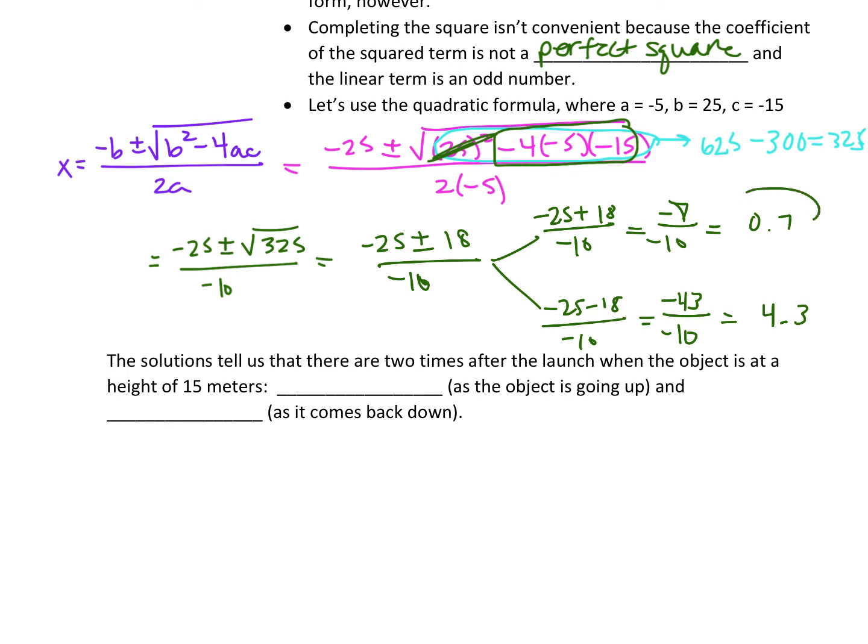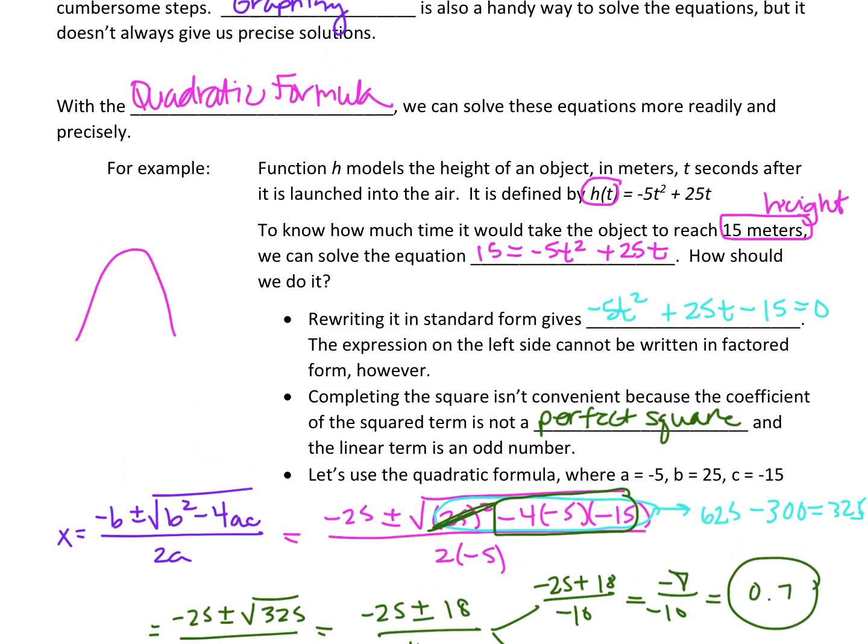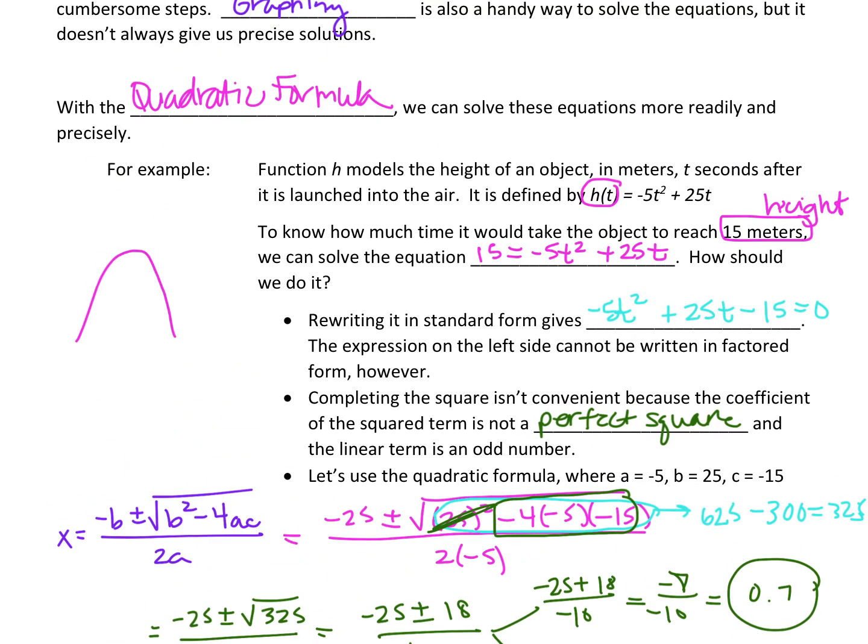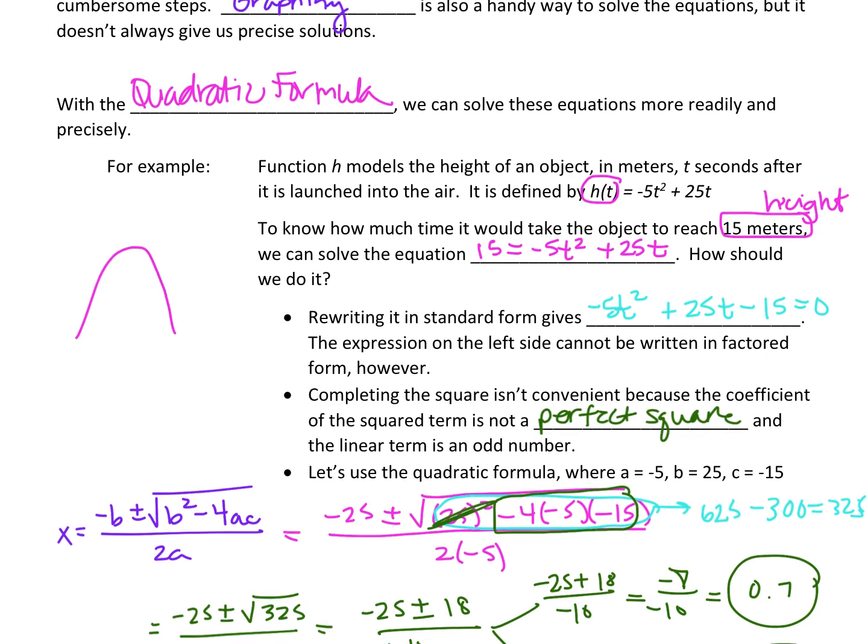They both are representing how many seconds it takes for this object to reach, was it a ball? I don't remember. We're talking about an object launched into the air. And the question was, how much time would it take to reach 15 meters? So just to show you quickly on a graph what we're talking about, if this is our object that got into the air, and let's say this was 15 meters, that height, you can see it's 15 meters here as it goes up, and it hits 15 meters here as it comes back down.